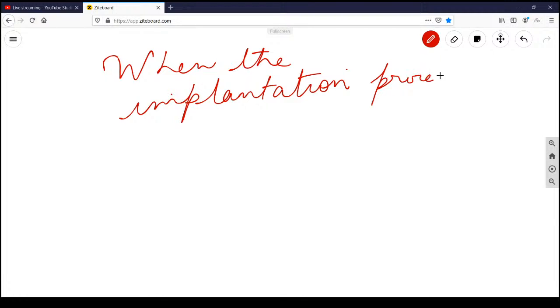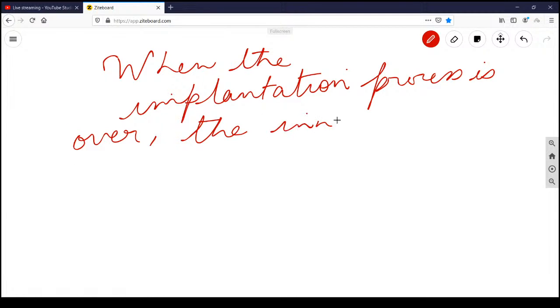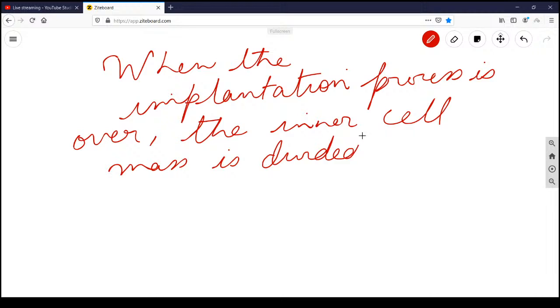When the process is over, the inner cell mass is divided; the cells undergo differentiation into two different cell types, two lineages.